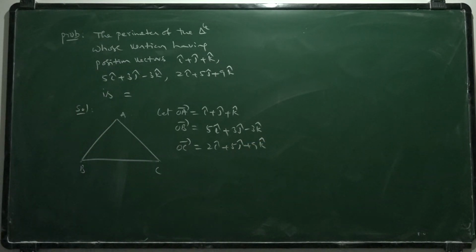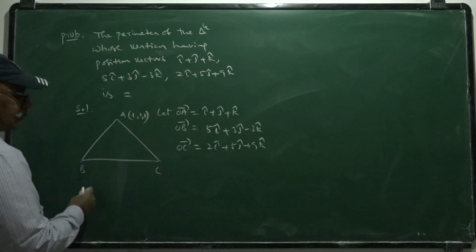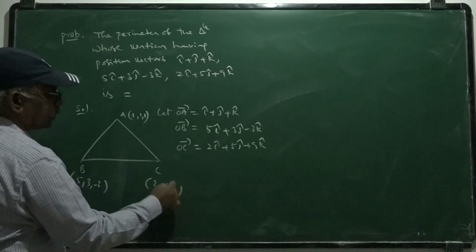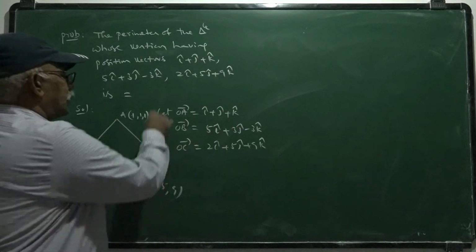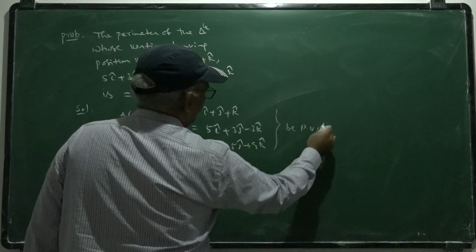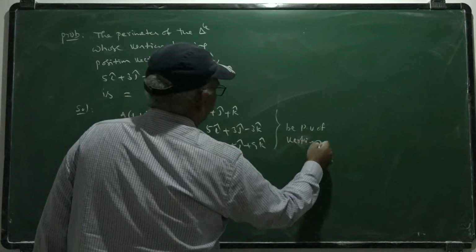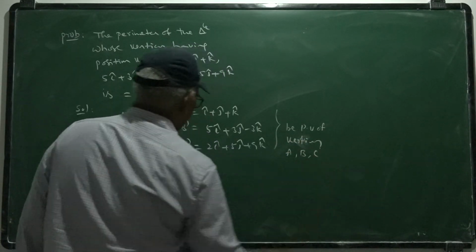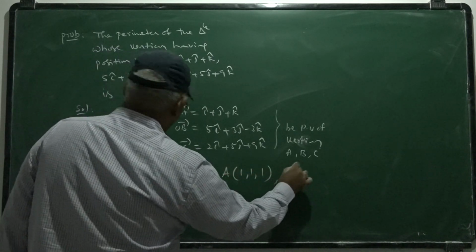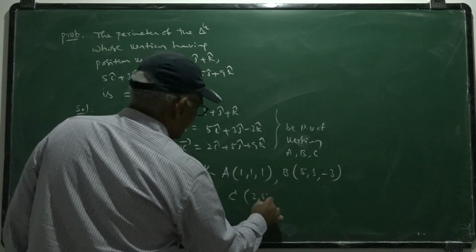Once the position vectors of the vertices are given in such a way, straight away you can take A as 1, 1, 1, B as 5, 3, minus 3, C as 2, 5, 9. Vertices A, B, C. Then A is 1, 1, 1. The point B is 5, 3, minus 3. C is the point 2, 5, 9.